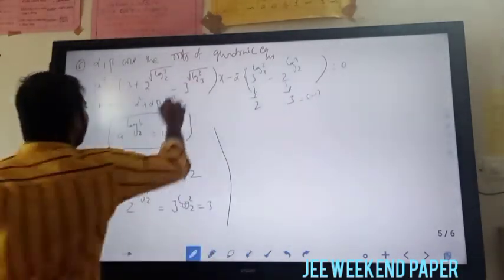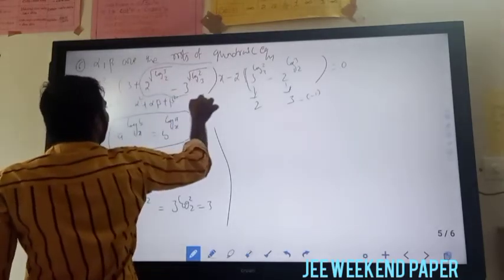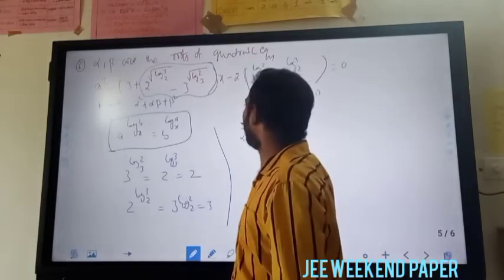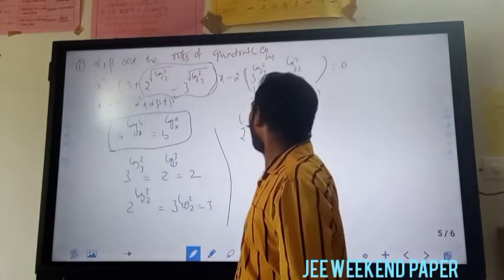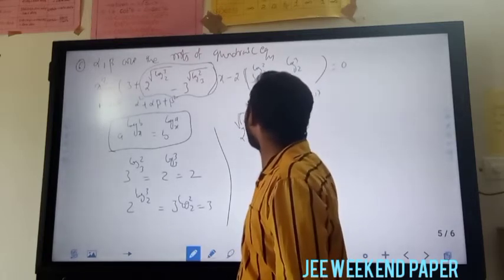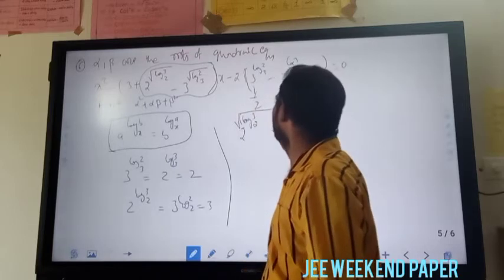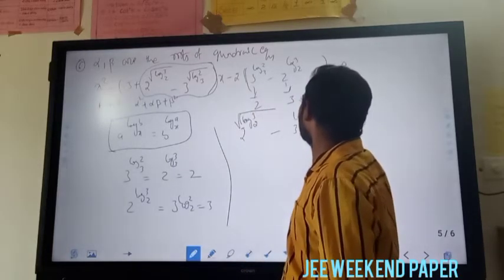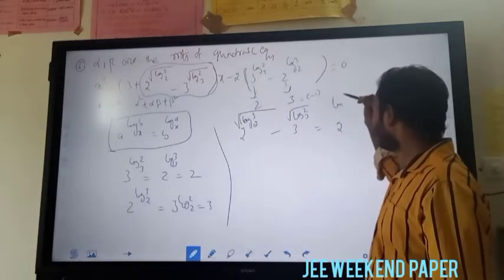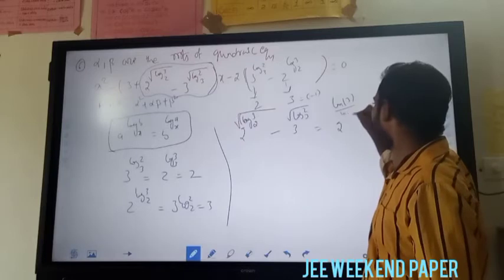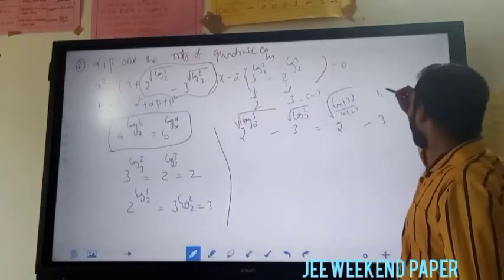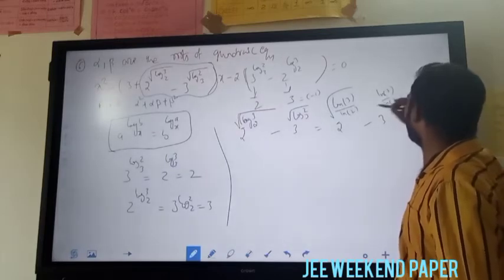Okay, and next we have to find this value. To find that value, 2 power square root of log 3 base 2 minus 3 power log 2 base 3 can be written as 2 power ln of 3 by ln of 2, and minus 3 power ln of 2 by ln of 3, under root.